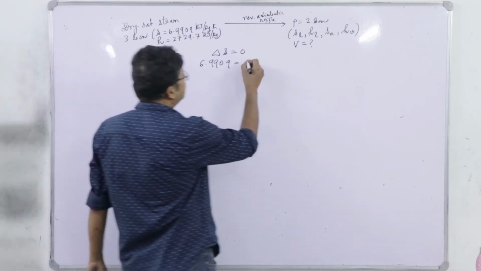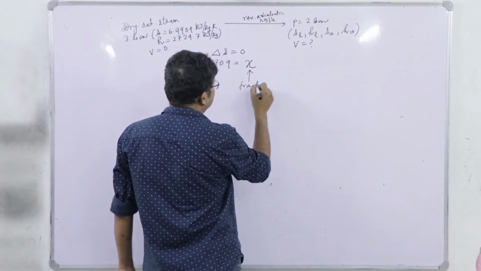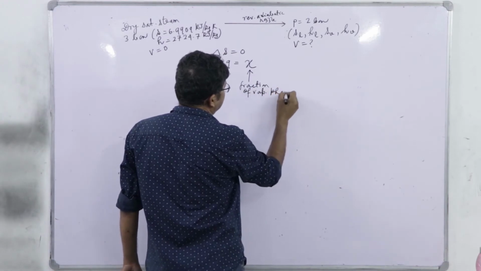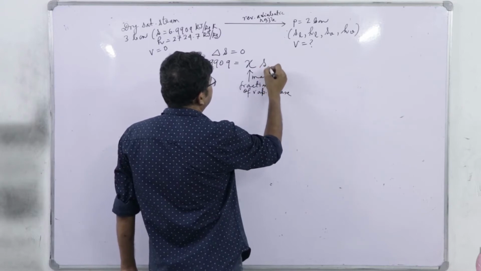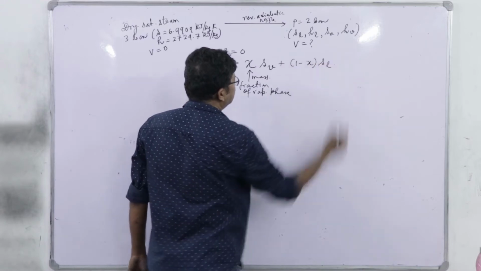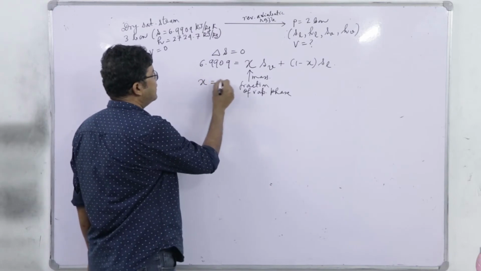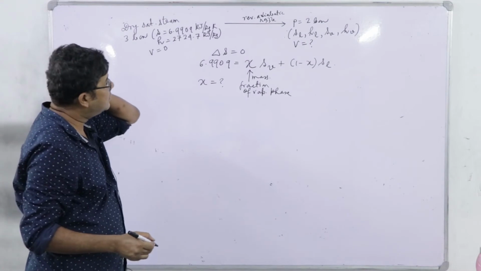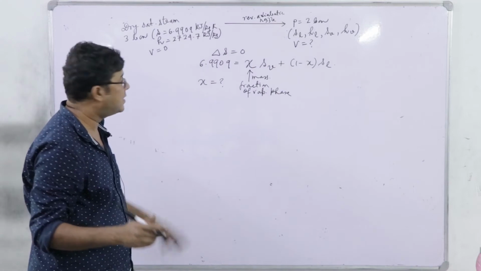Then what is the fraction of the liquid phase? Let us write this X is a fraction, or let us say it is a fraction of vapor phase, and definitely it is a mass fraction, right. So, this must be SV plus 1 minus X into SL. So, SV, SL are given, so we can solve for X, because the principle is it is a reversible adiabatic nozzle and entropy must remain constant between the inlet and outlet.